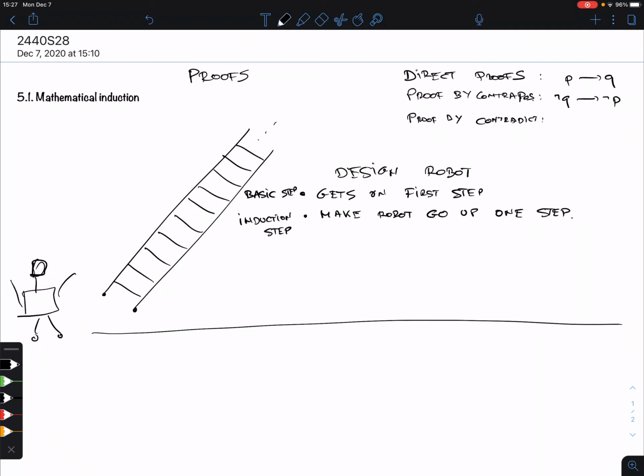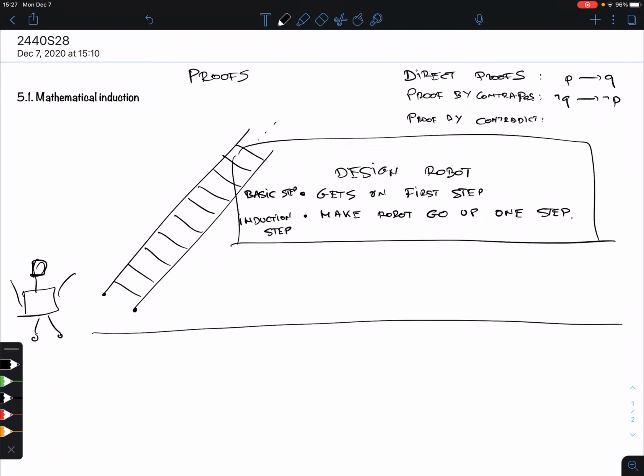So the statement would be, so this is the setup. So the statement that I now make about my robot is: robot can climb up to step n, where n could be any number, 5, 700, 2000, 5 trillion.